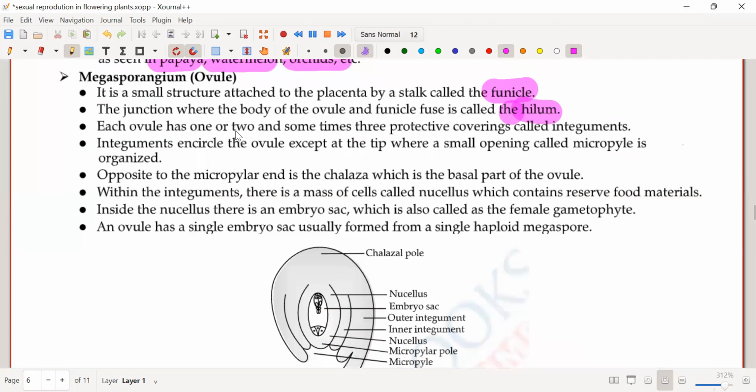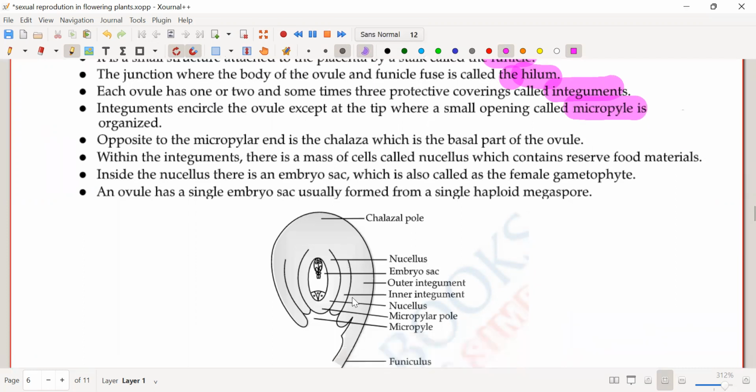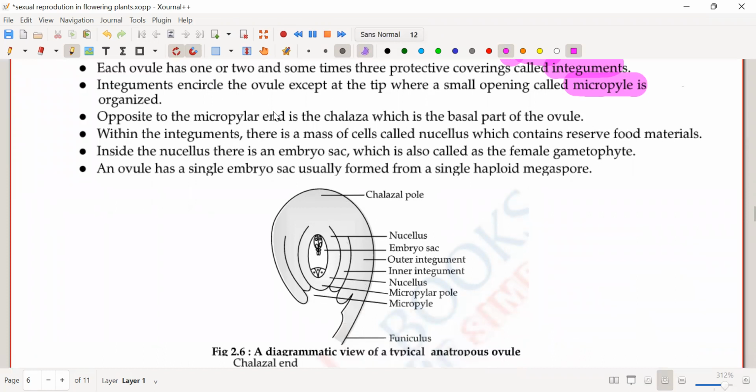Each ovule has one or two, or sometimes three, protective coverings called integuments, outer integument and inner integument. The integuments encircle the ovule except at the tip, where a small opening called micropyle is organized. The opposite to the micropyle end is the chalaza, which is the basal part of the ovule.